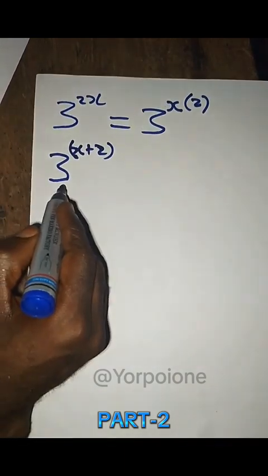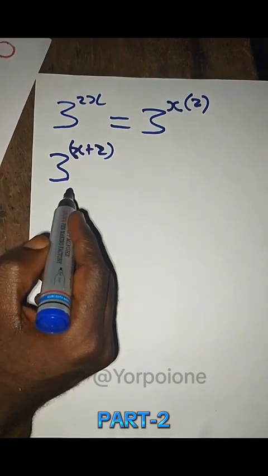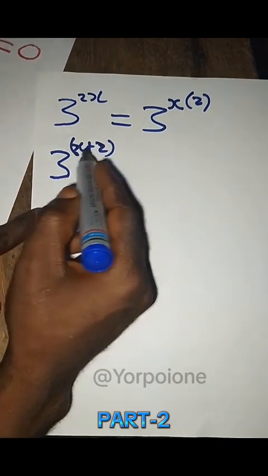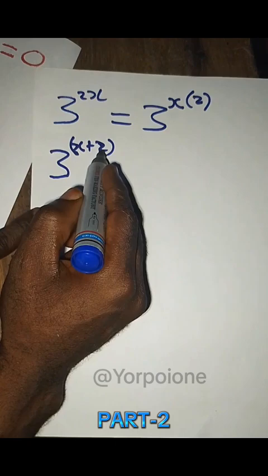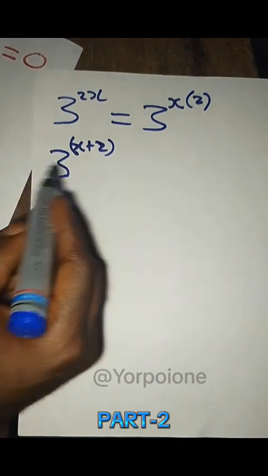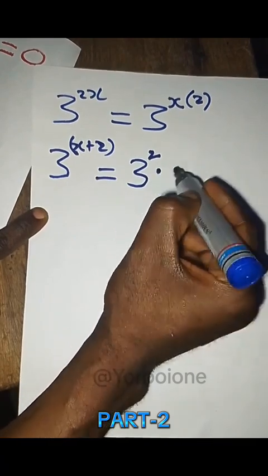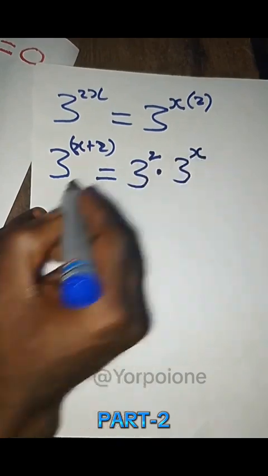And here again, we have 3 to the power x plus 2. What do we need to do here? We want to partition this to be 3 to the power x and 3 to the power 2. This is the same as 3 to the power 2 multiplied by 3 to the power x.